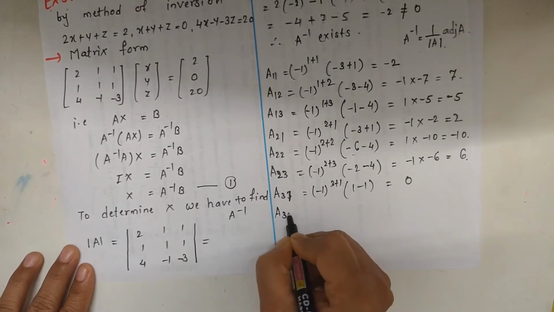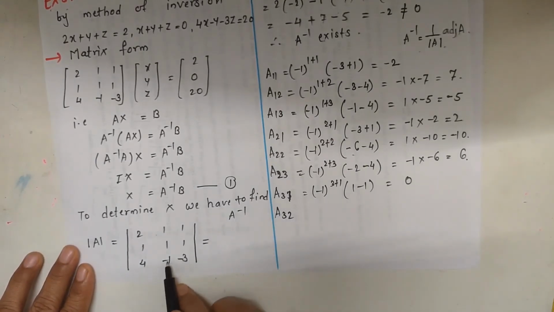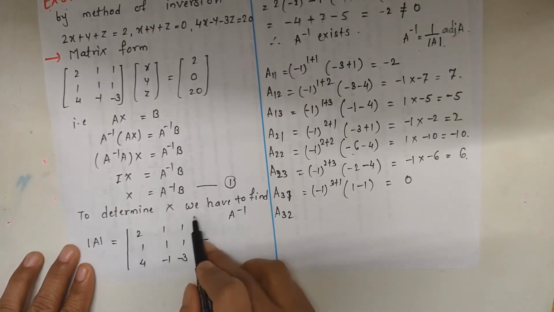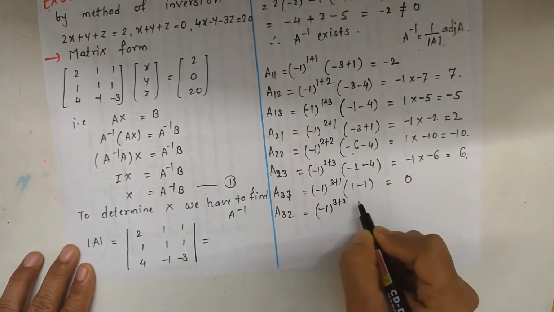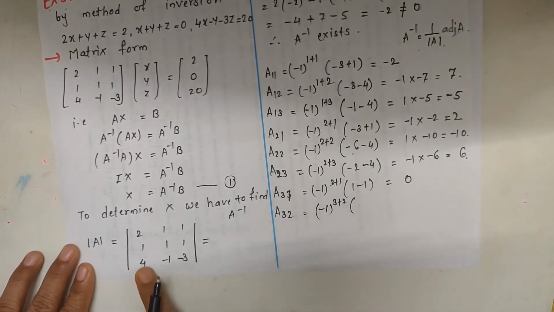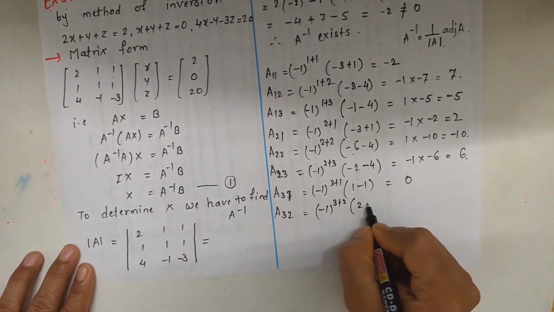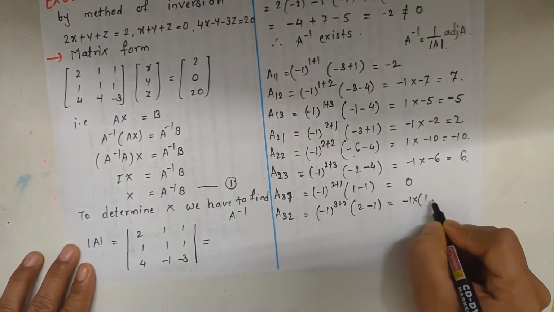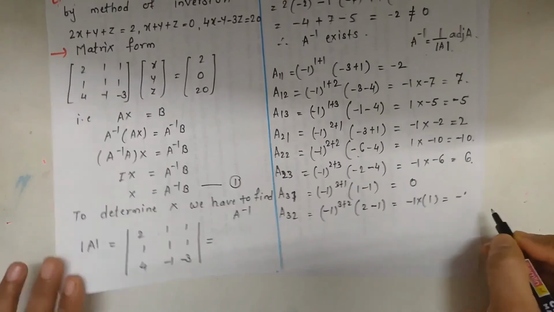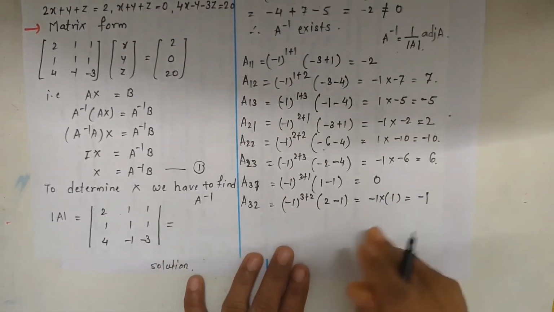Next element A32, eliminating the third row and second column, we get minus 1 raised to 3 plus 2, 2 minus 1 is equal to minus 1 into 1, which is minus 1.